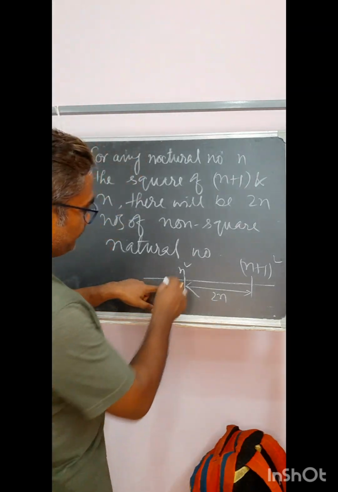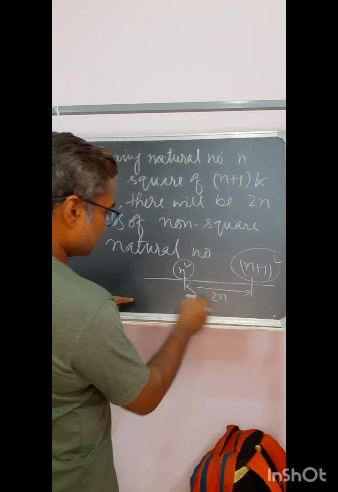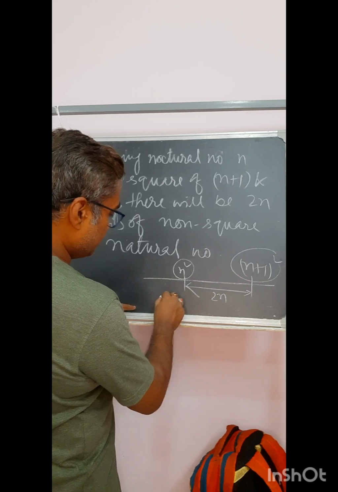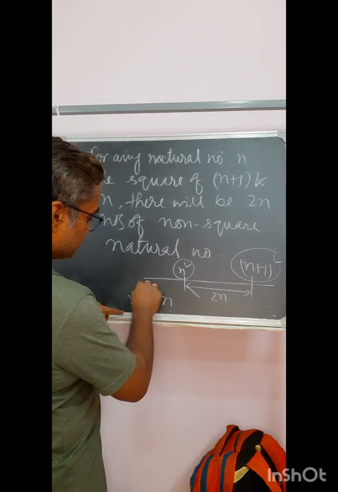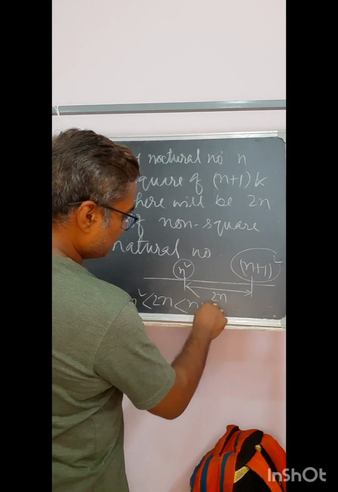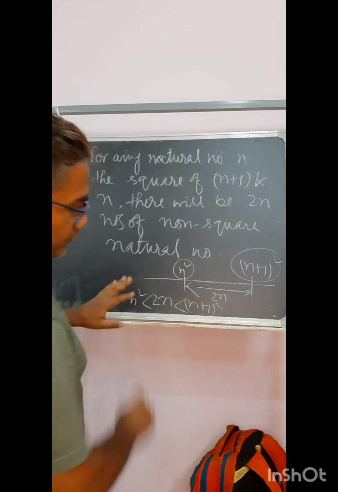That means this 2n range will be in between n square and (n plus 1) square, not equal to either of them.